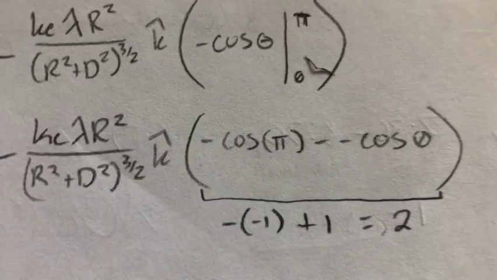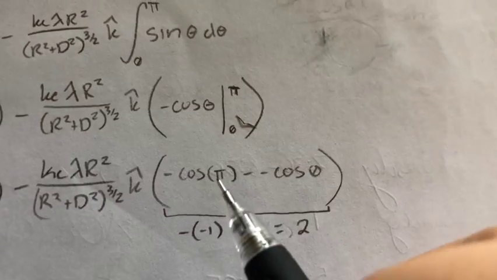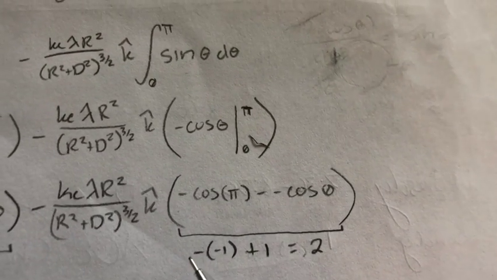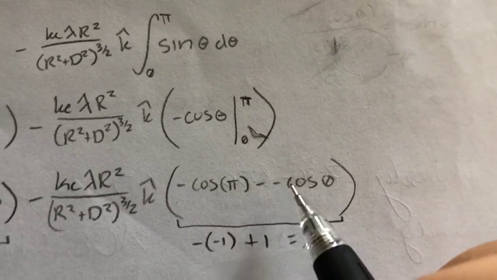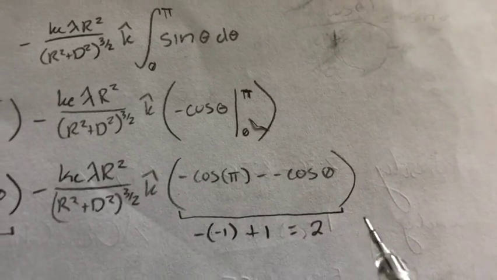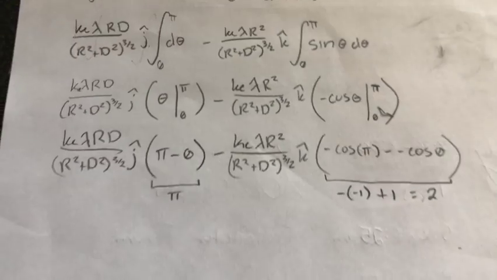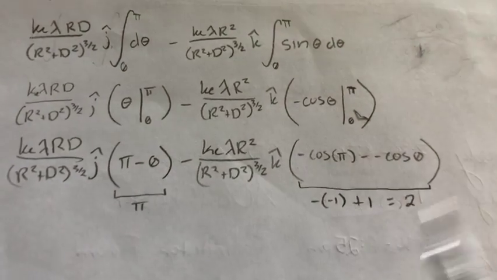And then this is negative cosine of pi minus negative cosine of 0. Cosine of pi is negative 1, so it's negative 1 plus, because it's negative minus minus, and cosine of 0 is just 1, so 1 plus 1, 2. Then we simplify it with everything else as well.